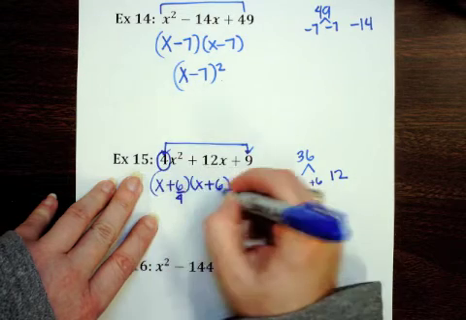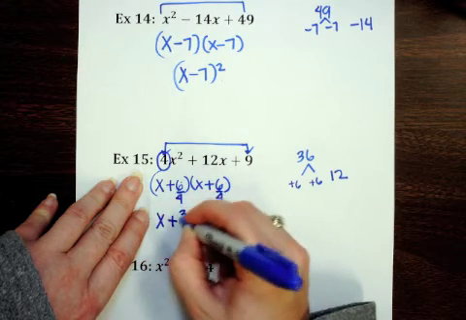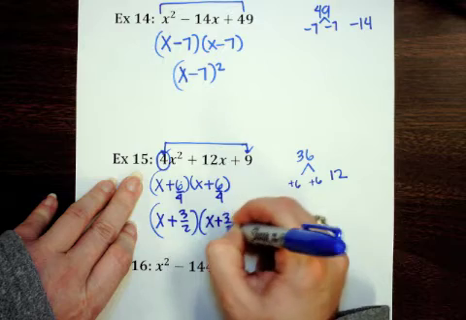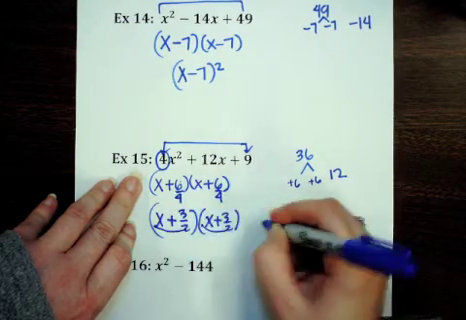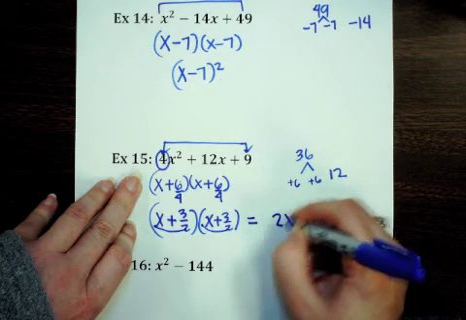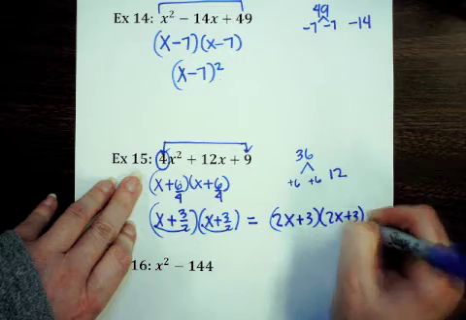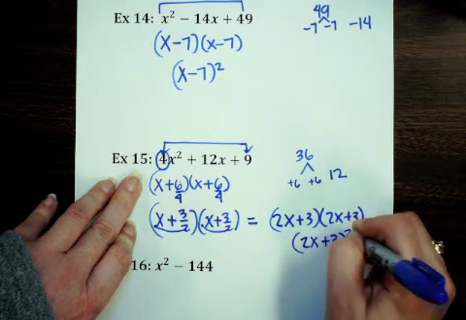Divide by 4 and reduce. 6/4 reduces to 3 over 2. Don't leave it as a fraction. Swing those out. You get 2x plus 3, 2x plus 3. And in the end, we would just write it as 2x plus 3 squared.